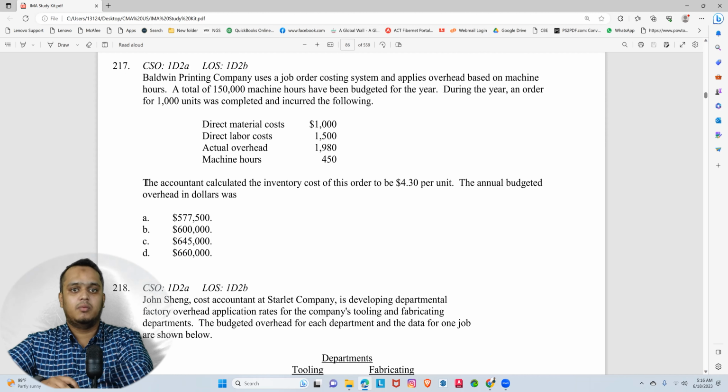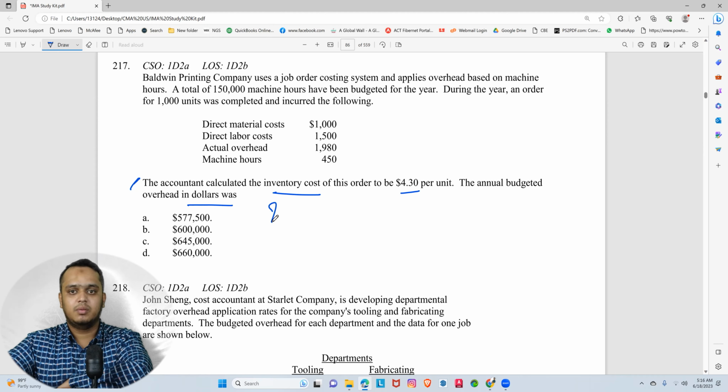Whenever we have this type of question, I hope you guys are following up with me on my previous sessions also, we have to read the requirement. The accountant calculated the inventory cost of this order to be 4.3 per unit. The annual budgeted overhead in dollars was, okay, so he's asking what is the overhead.